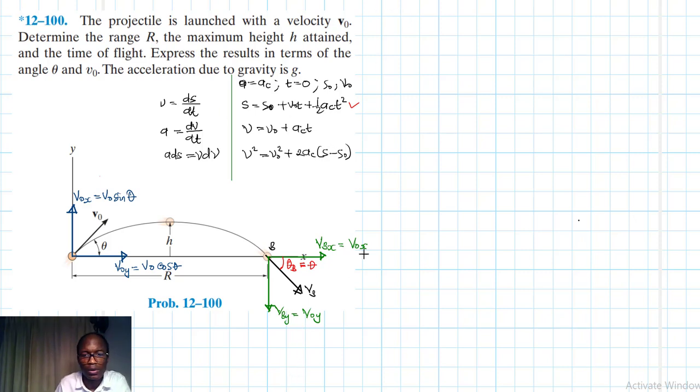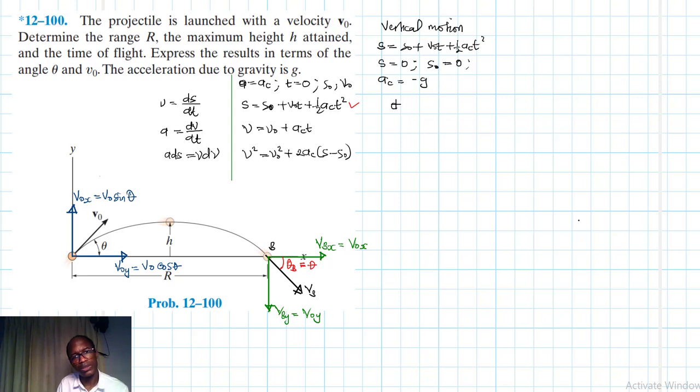So let's start with vertical motion, and we are using the equation s is equal to s naught plus v naught t plus half a_c t squared. Our s in this case is equal to 0, and s naught is equal to 0 also, and then we have a_c, which is equal to minus g.